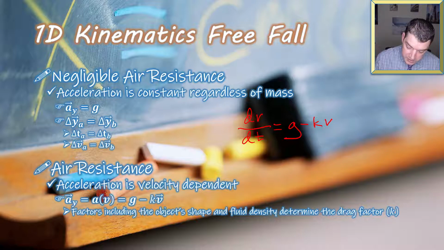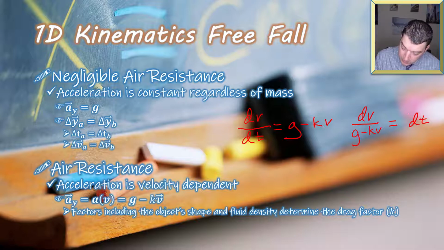While we notice this is a differential equation, at the moment it might not be obvious how we can deal with this. Just a little bit of algebra, and we notice that differentiating 1 over g minus kv would be equal to the derivative of velocity with respect to time.